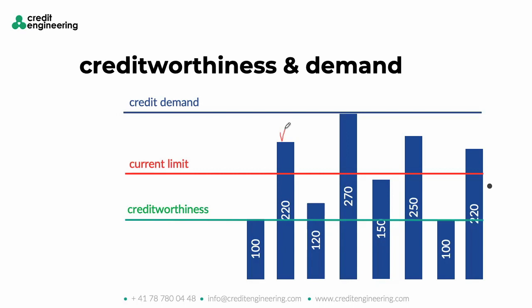Therefore, if we update credit demand on a regular basis, we can foresee such a situation, and sit together with our sales and management and say: credit demand is higher, our credit limit is like this, but providing the customer with additional credit will cost us additional risk.